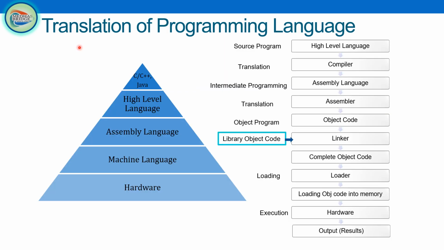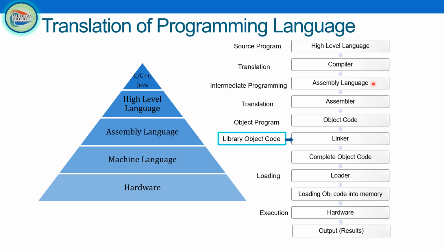Now let's get into the translation of programming language. High-level language can't directly be executed on the hardware. It requires some translation. Let's say we have a source program, which is of high-level language. It's inputted into the compiler, and the compiler translates the high-level language into the assembly language. The assembly language here is the intermediate program.